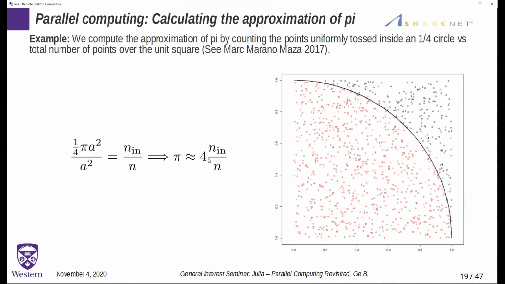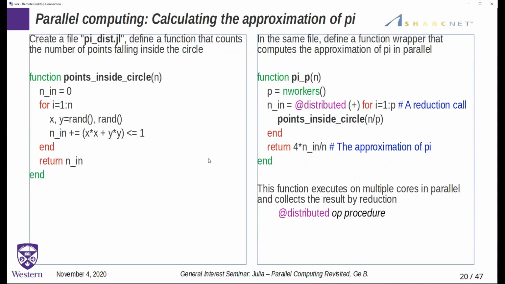That will give us an estimate of pi. Let's see how we do that. First, we define a function, toss, that tosses a number of points. Inside this function, it takes an argument n, which is the number of points, and we loop over the number of points.